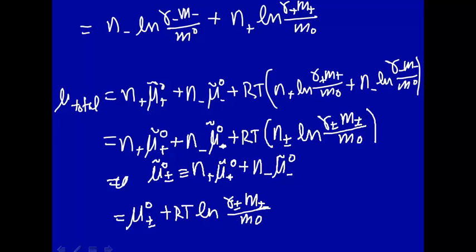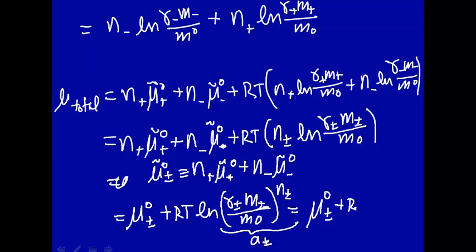And I'm going to take this up and raise that to the power n plus minus. And we're going to define this as the average activity A plus minus. So it's the activity not of the plus or not of the minus, but some sort of average A plus minus. So what we end up with is our familiar equation with these new symbols, plus RT times the natural log of the activity plus minus.